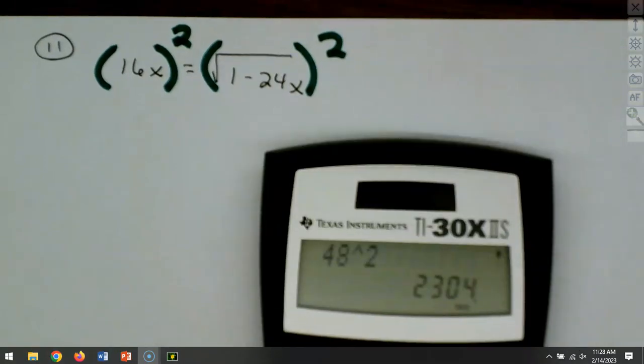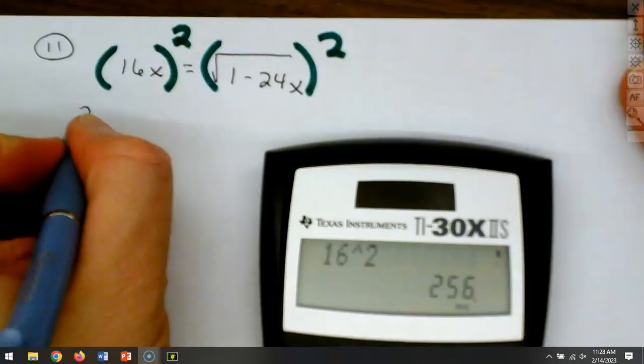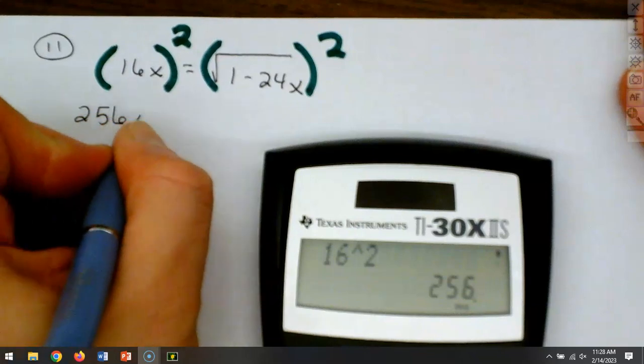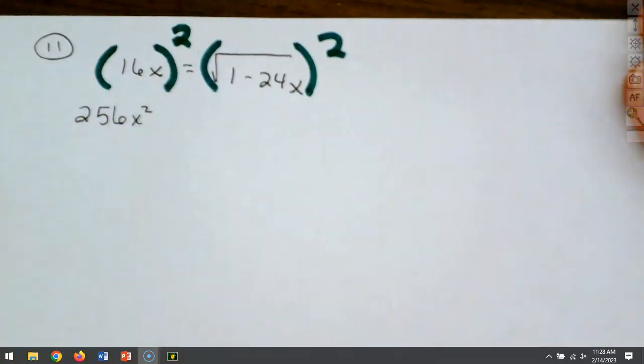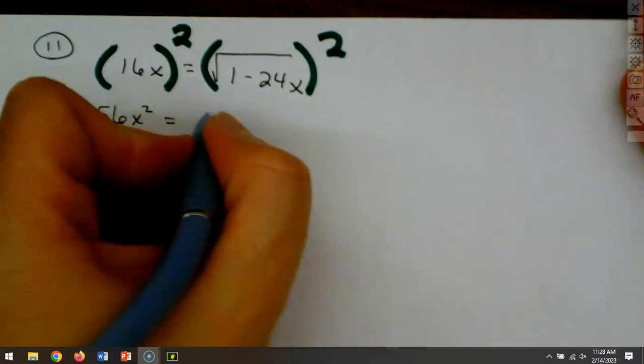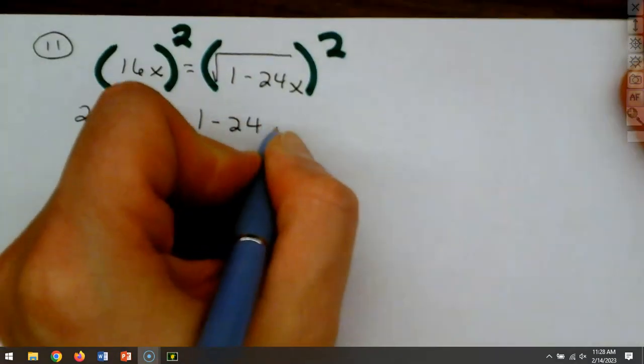So 16 squared, that's 256. So this side's going to come out to be 256x squared. And what about the right-hand side? Well, it is 1 minus 24x, right?